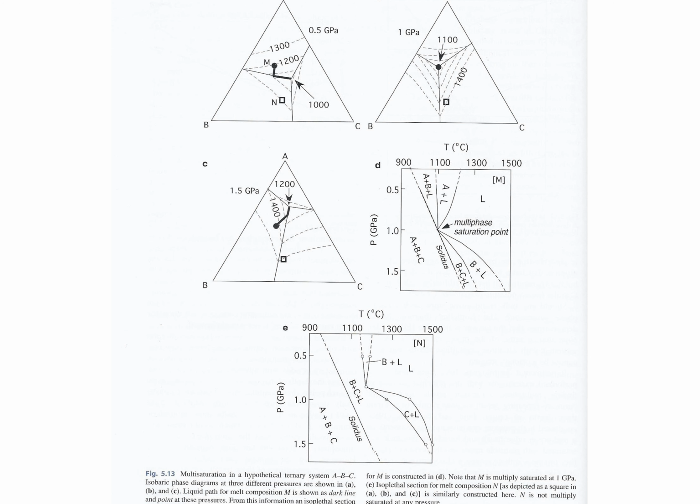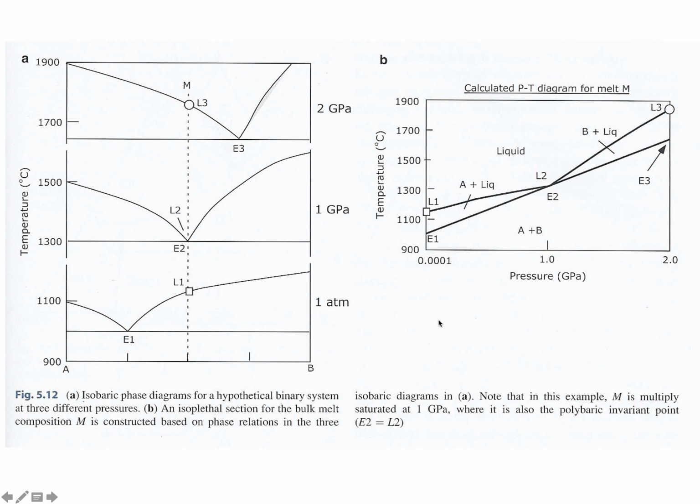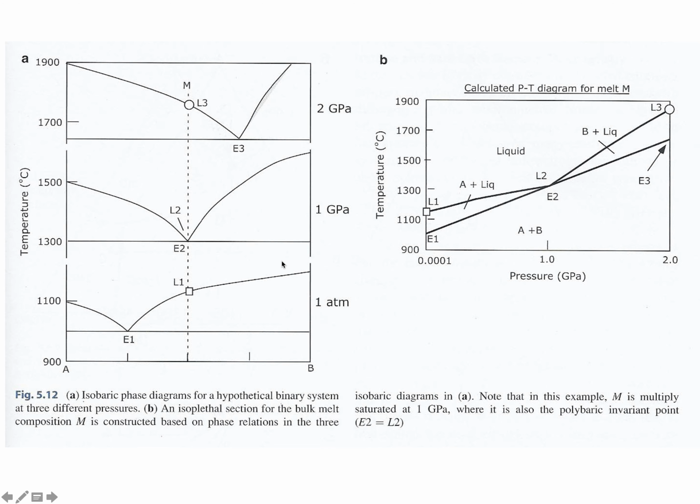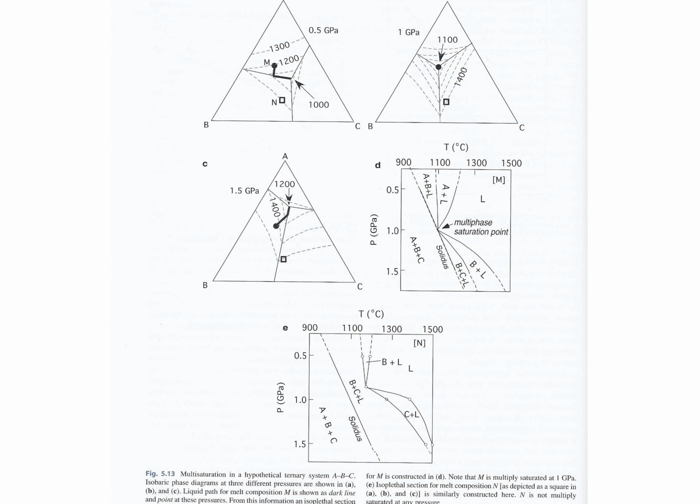Isoplethal section for melt composition N. So that is here, the melt composition N. N is not multiply saturated at any pressure. So here is the melt composition N at a certain pressure and temperature.